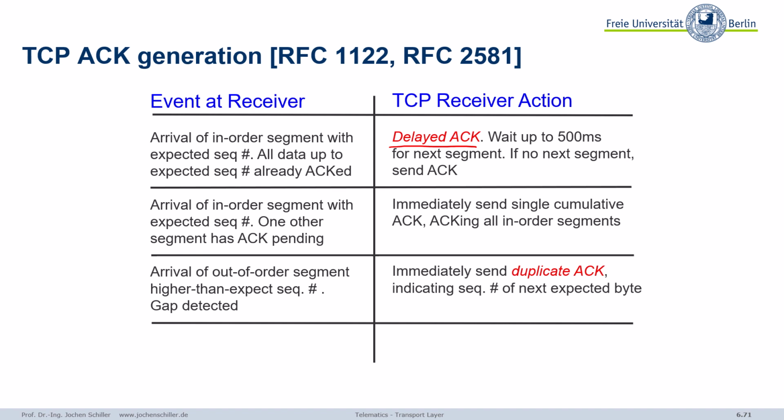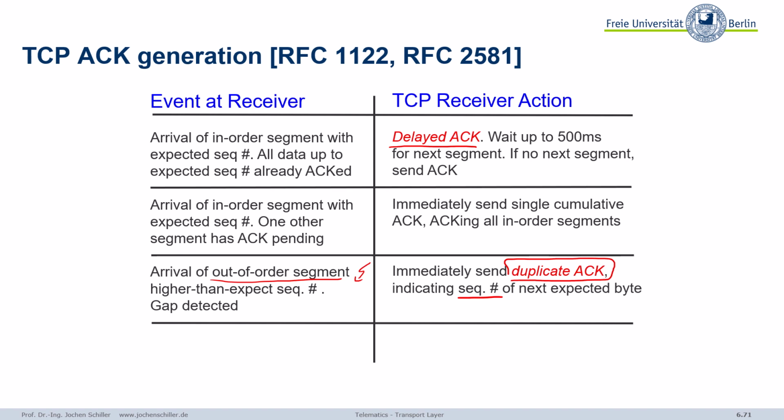I cannot acknowledge this out of order segment. Because if I acknowledge this, then this tells the sender, oh, everything is fine up to this out of order segment. No. What I do is I duplicate the ACK. I repeat what I already acknowledged and again indicate the sequence number of the next expected byte.